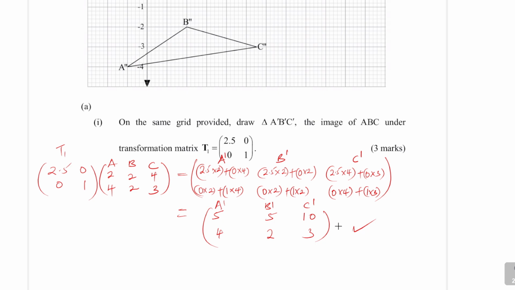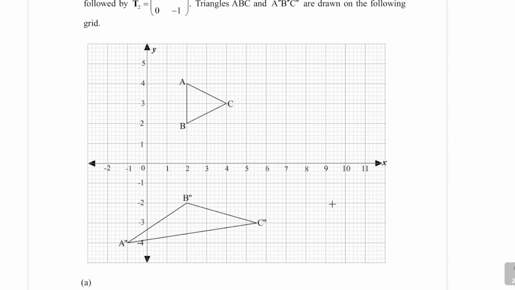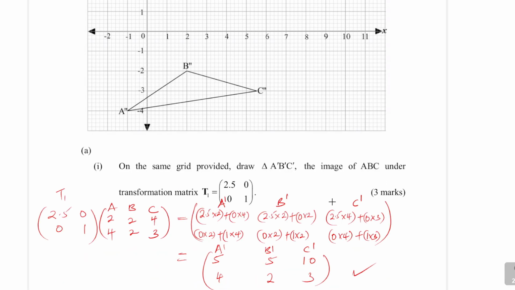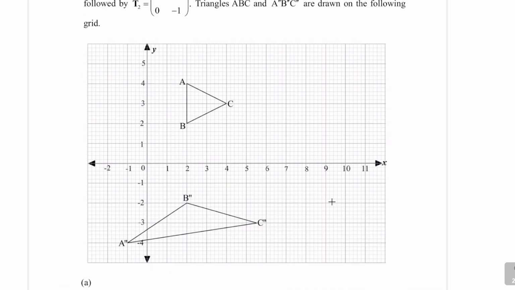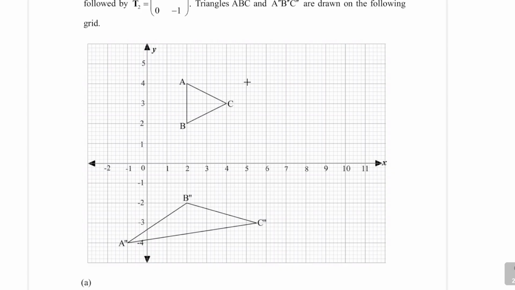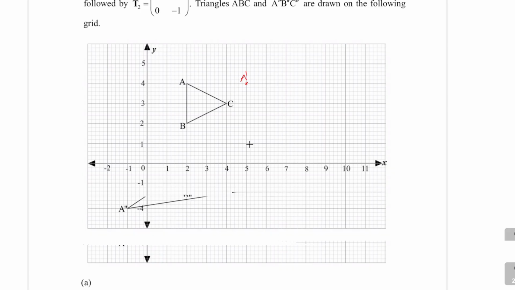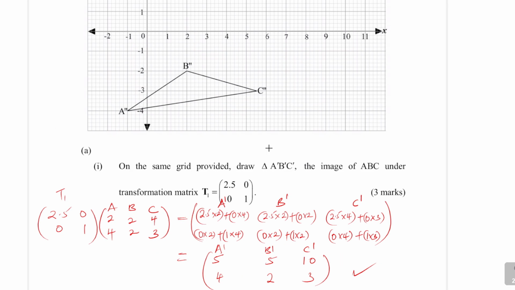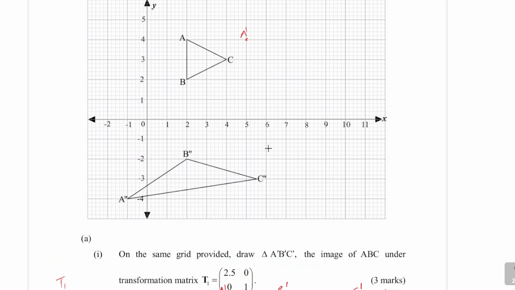So you're supposed now to draw these. A prime is 5, 4, so 5, 4 will be here. And then B prime is 5, 2, so it will be here.